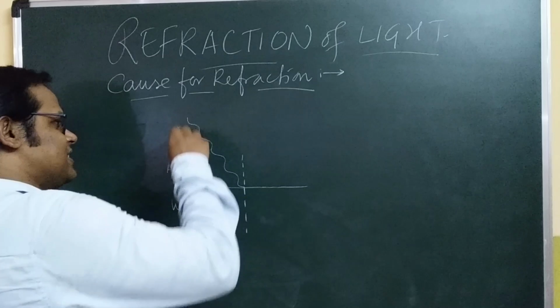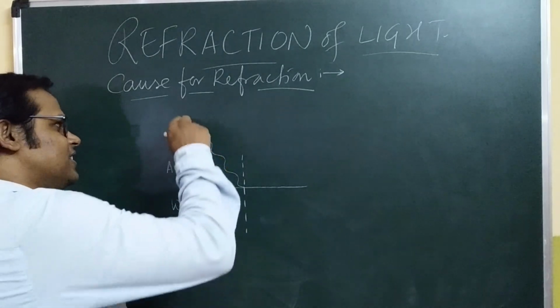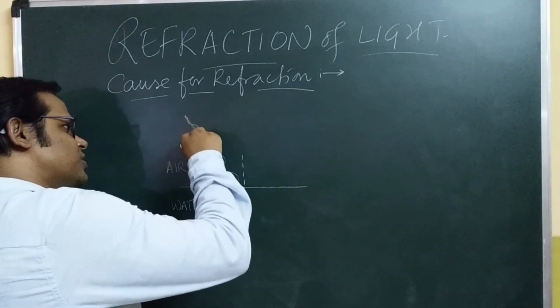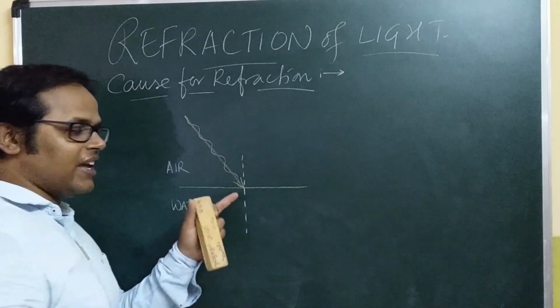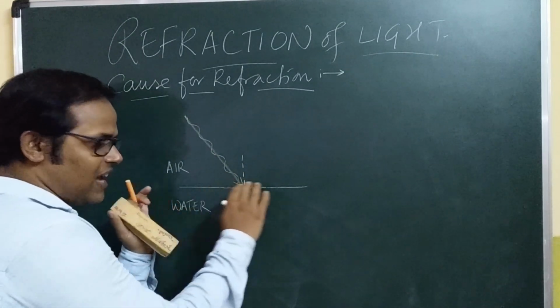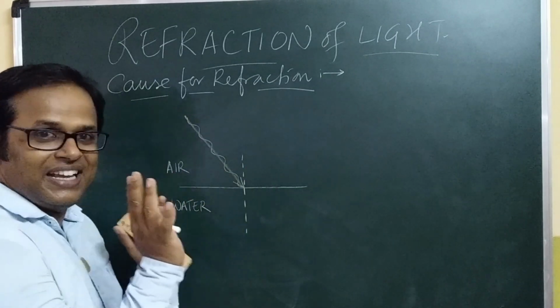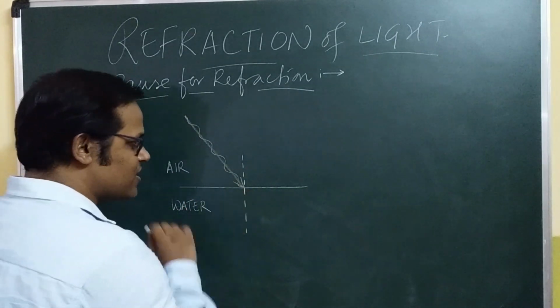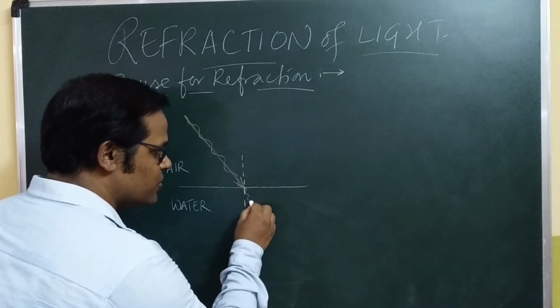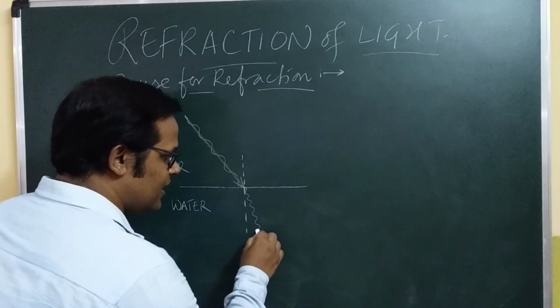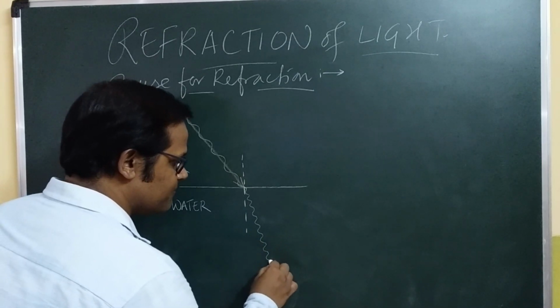So here you can see that the ray of light is coming in a specific direction, and now after striking at the interface, everything happens at the interface, please mind it, my dear students. After striking it over there, now the light ray goes slightly in a different direction.